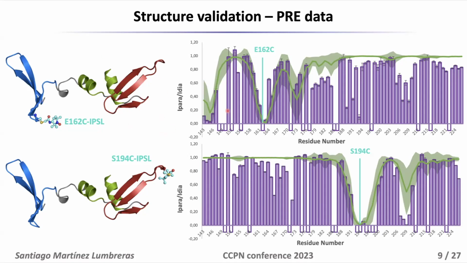According to our ensemble, there should not be major interdomain contacts, but as you can see, when we label one domain, we do see relaxation in the other domain. So we believe this relaxation is coming from the flexibility of the tandem. There is a certain point in which the spin label is close to the other domain, and this is reflected in the relaxation data.